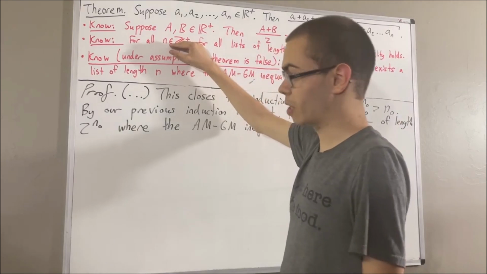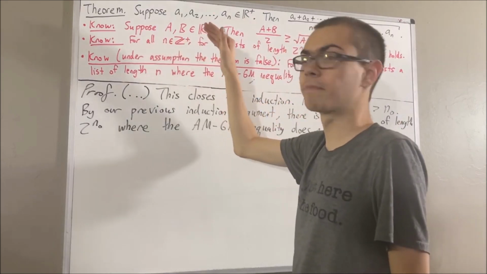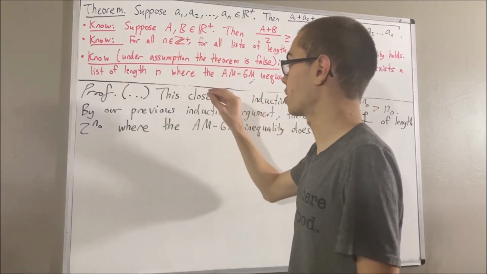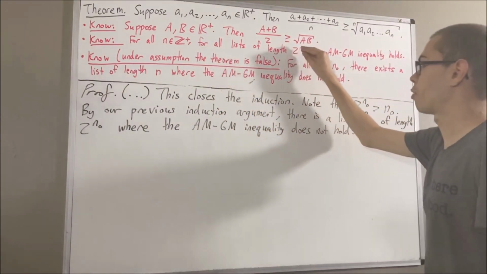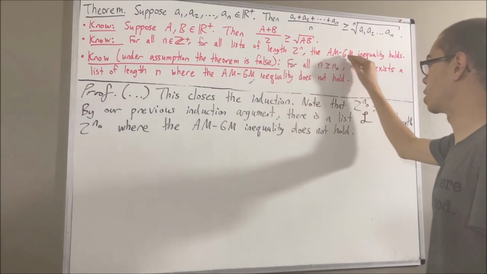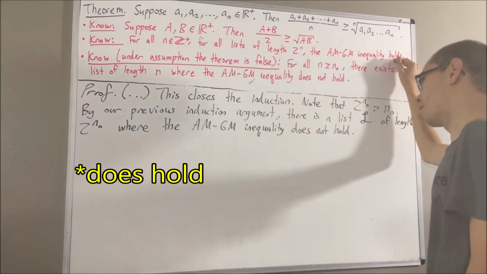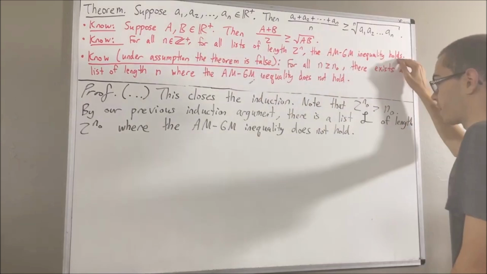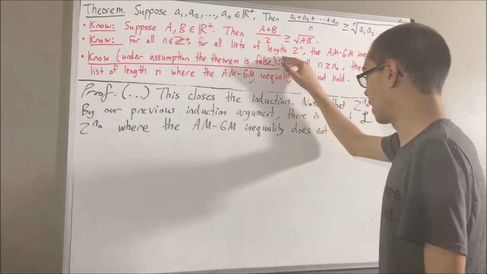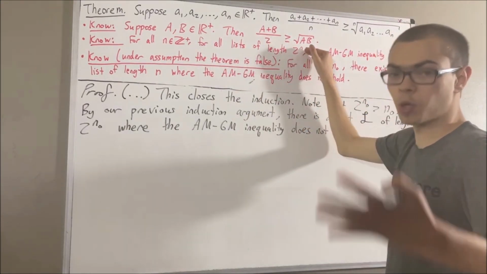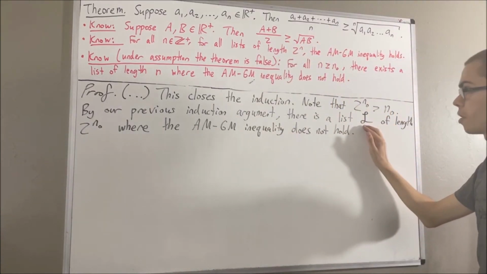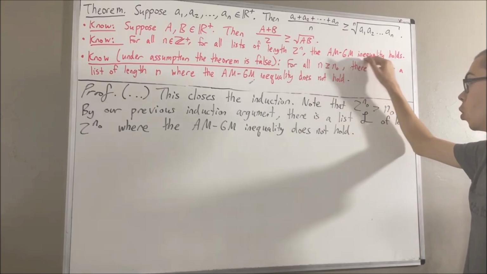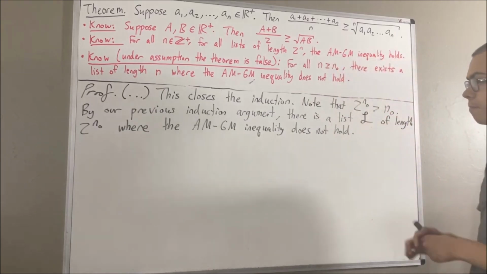So in particular, it must work for the positive integer n naught. So taking n to be n naught, we have for all lists of length 2 to the power of n naught, the AMGM inequality holds, right? And since this statement works for all lists of length 2 to the power of n naught, then in particular, it must work for the list L. Therefore, the AMGM inequality holds for L.